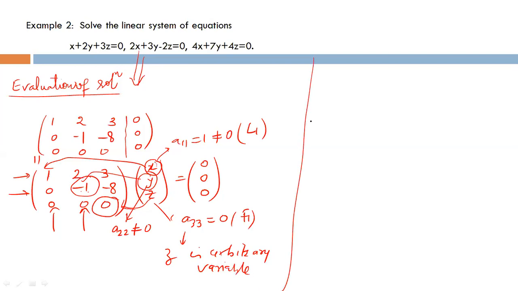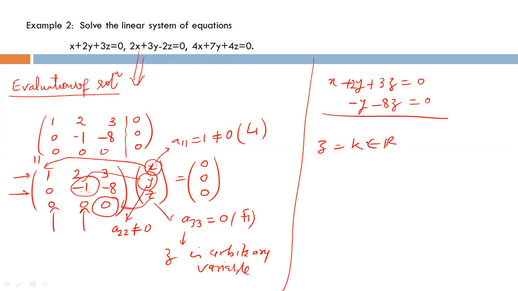We can write this system of equations as x plus 2y plus 3z equal to 0, minus y minus 8z equal to 0, and z is your free variable, so let z be any k, and k can be any real number. For different values of k we will get different solutions, and real numbers are not countable, so the solutions are also not countable, hence infinitely many solutions.